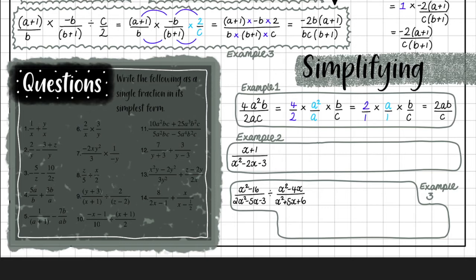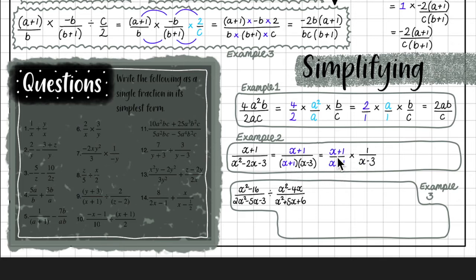Let's look at example 2. Now with this example, you have to make use of your knowledge of factorizing quadratics. This expression here, the denominator, is a quadratic. When factorised, it becomes the following. Now from this, we can see that there's an x plus 1 at the top and an x plus 1 at the bottom. So we can write this fraction as the following. We've taken out the x plus 1s. This x plus 1 is here, and this x plus 1 is here, and then we're just timesing by everything else.